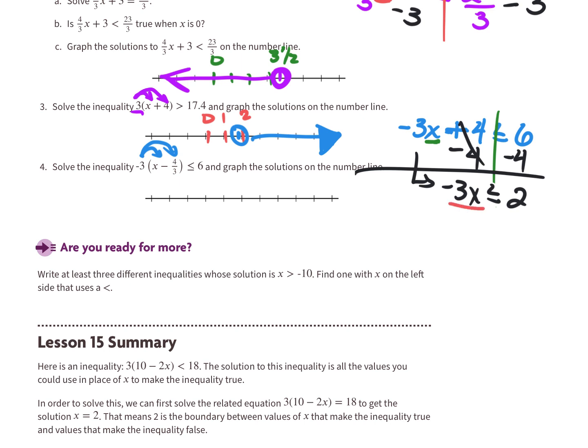To get rid of times, we are going to divide. Because the number here with x is negative, we have to switch that sign. And we get negative 2/3, or negative 0.666666. There's 0, there's 1. Oh, negative 1. So negative 2/3 is about right here. There is a line underneath it, so we're filling in the circle. And it's going to go that way to the right.